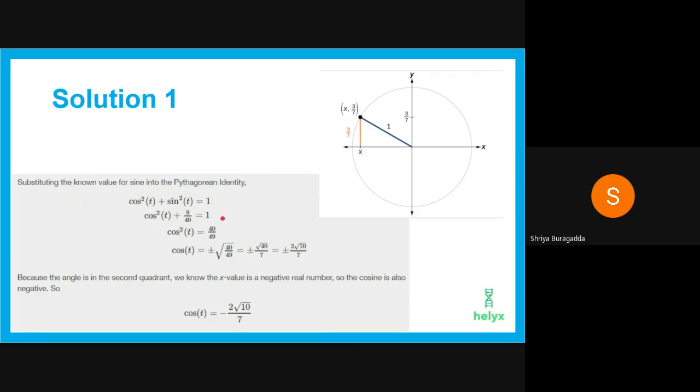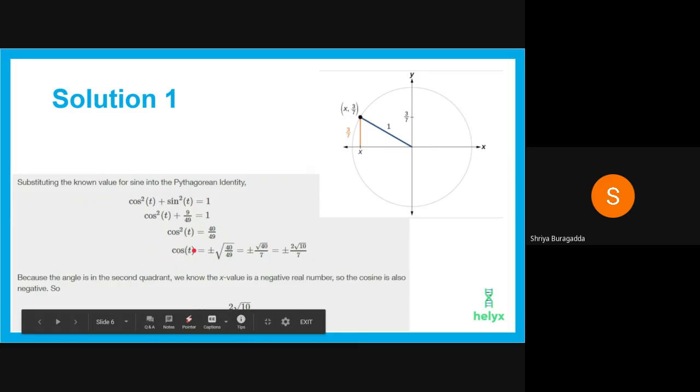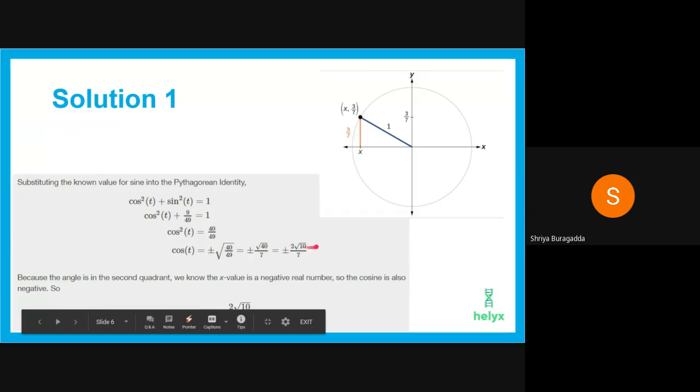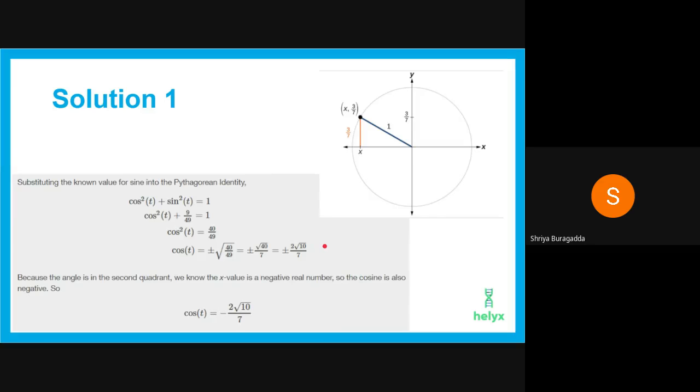Just subtract this from both sides. Taking the square root of that, you get plus or minus 2 root 10/7. And we know that the angle is in the second quadrant, so the x value, or the cosine value, has to be the negative version.